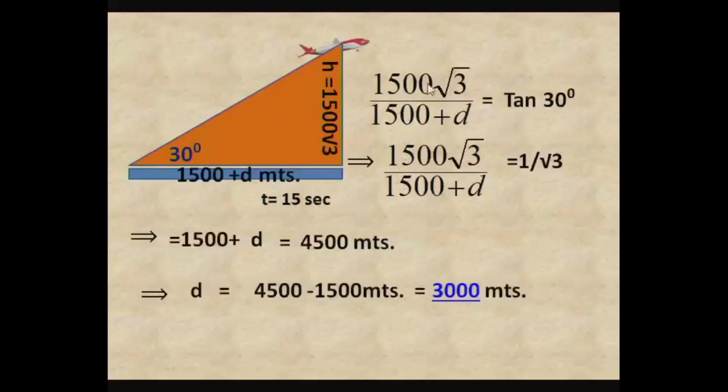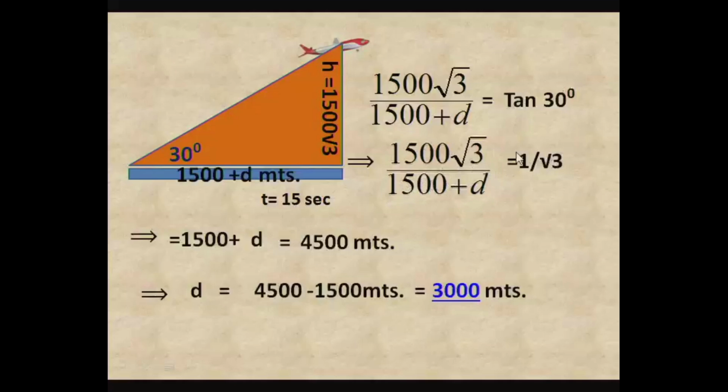See here, this side is 1500 root 3, the opposite side, by this adjacent side, 1500 plus d meters, is equal to tan 30, and this is 1500 root 3 by 1500 plus d is equal to 1 by root 3.